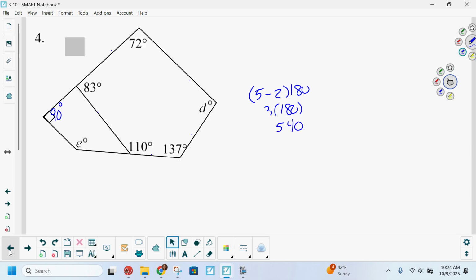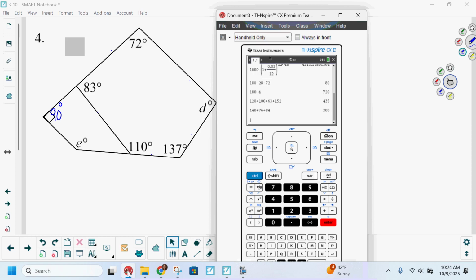So from that 540 now, I'm going to figure out, let's see, 72 plus 83 plus 110 plus 137. And I'm going to take that away from 540. And that gives me 138.